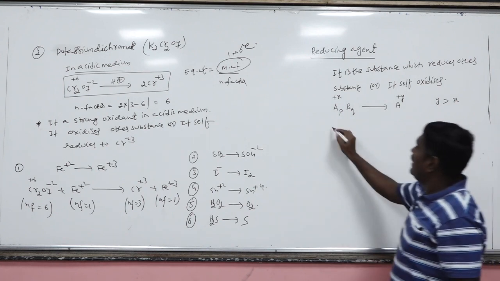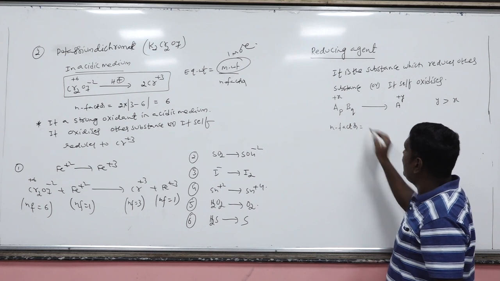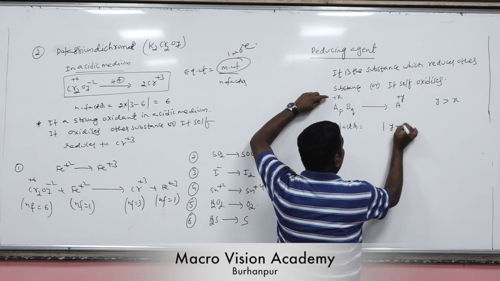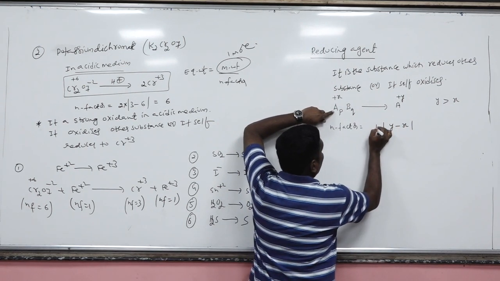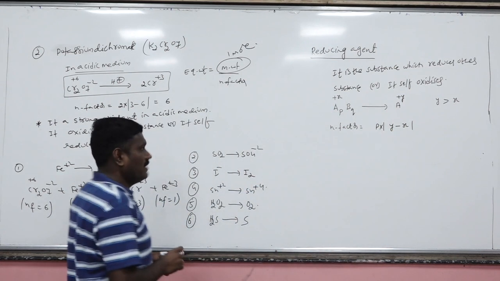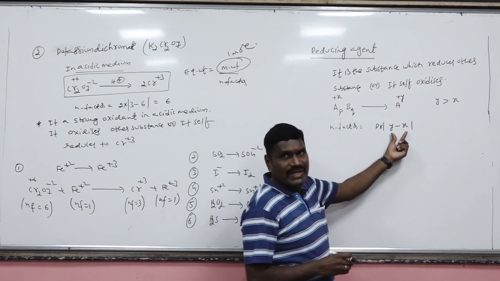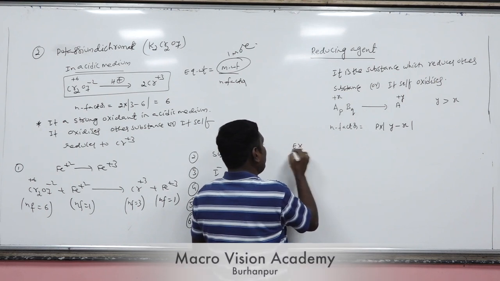Now, what is the N factor here? Again, the change in oxidation number, that is RHS minus LHS. Now, how many atoms of A? P. So I am writing P into X minus Y, or Y minus X, whatever it may be, but we only have to take the magnitude.